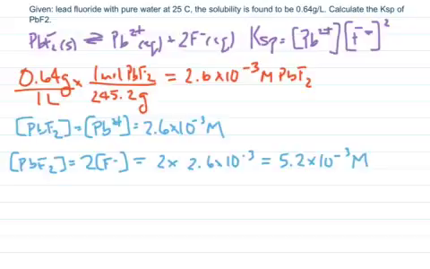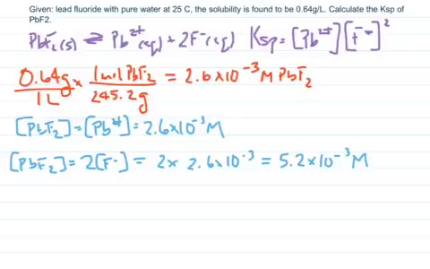So here we go. Alright, so we know that the lead fluoride is going to equal the lead ion, so we're going to get the same molarity. Now for the lead fluoride going into fluoride, we know we have 2 more fluorides, so we need to double. If this confuses you, just remember about doing a mole to mole ratio.